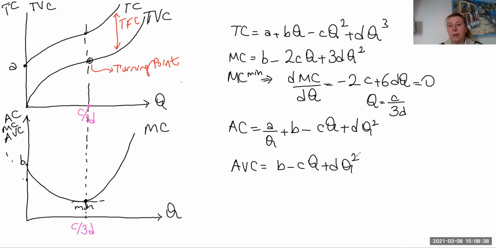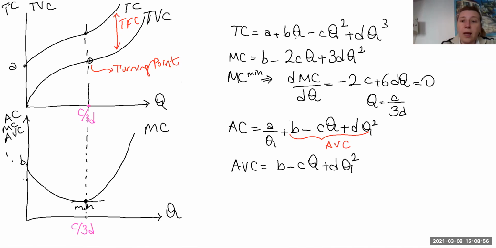So we will locate them. The average cost will be above because it's greater than the average variable cost. Please try to see that part. The difference between them is A over Q, which is average fixed cost.